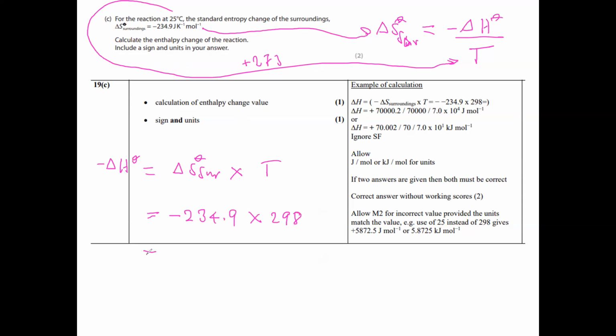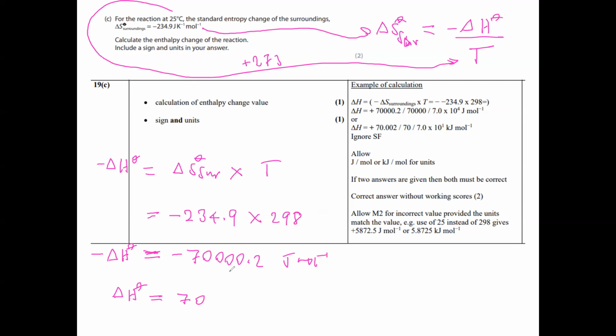When you do this, your answer will be minus 70,000.2 joules per mole. That's minus delta H. So you can multiply both sides by minus 1 to remove this minus sign. Then your delta H will be 70,000.2 joules per mole, or you can convert into kilojoules.